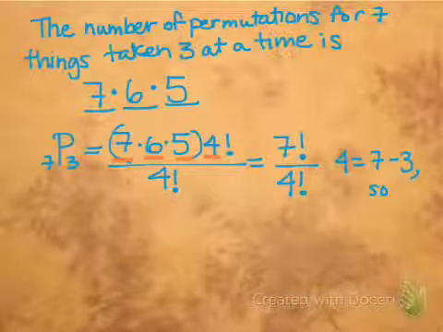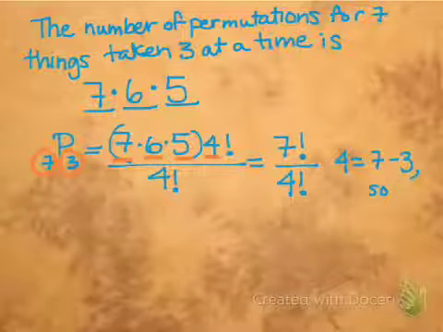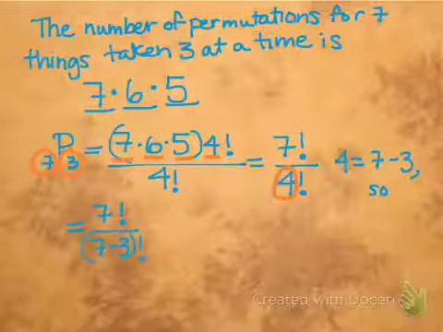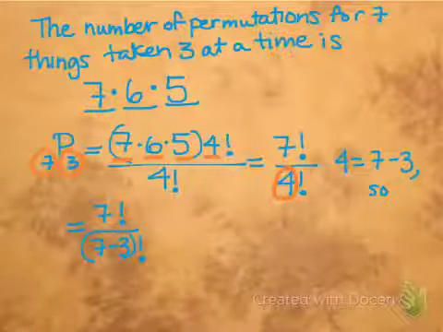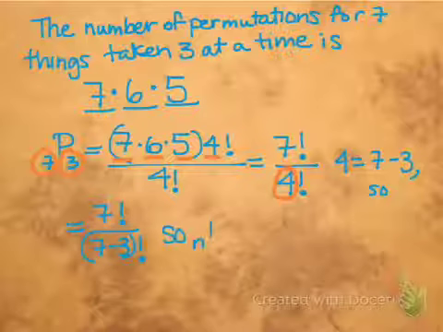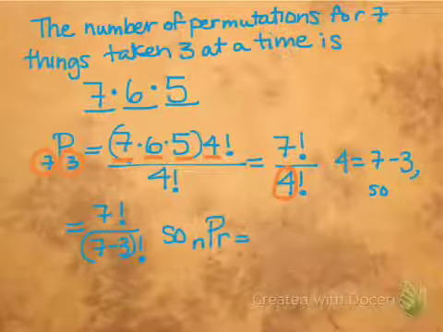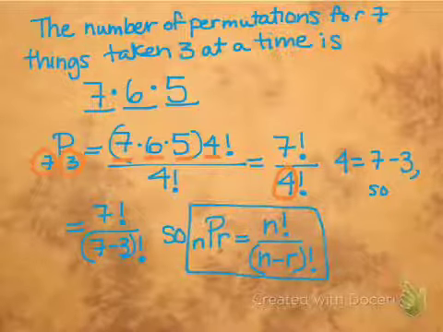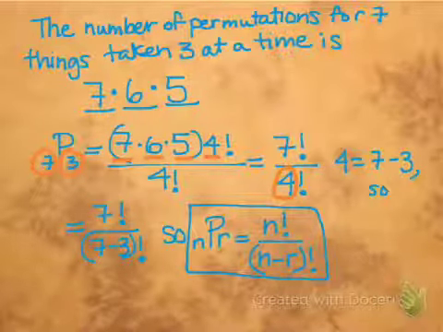And that's important because that's what we're dealing with at the very beginning, a 7 and a 3. So I'm just going to replace the 4 with 7 minus 3. So 7 factorial over 7 minus 3 factorial, and that looks like our equation. So nPr is going to be n factorial over n minus r factorial. That's where that equation comes from.